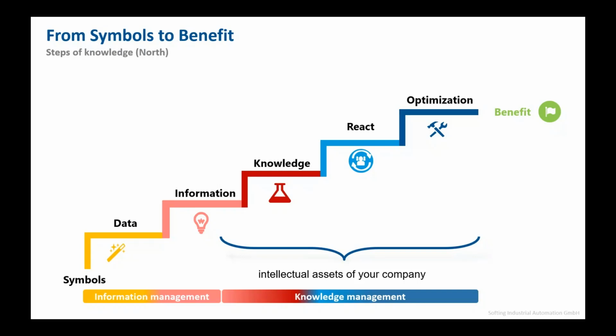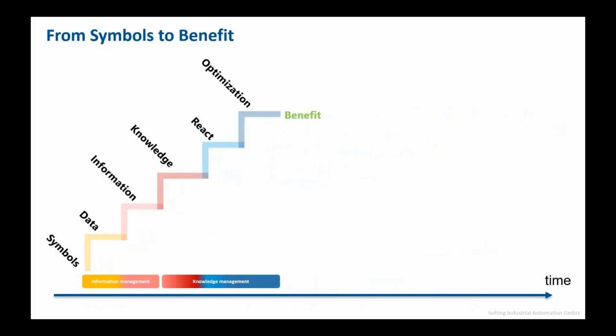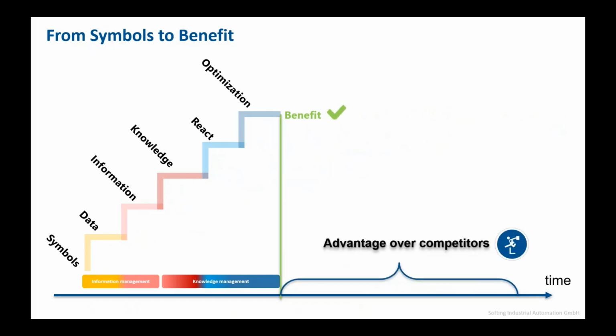We are trying to squeeze it and make it happen in less time. The time we save is the advantage we have over any competitors. And how can we do this?